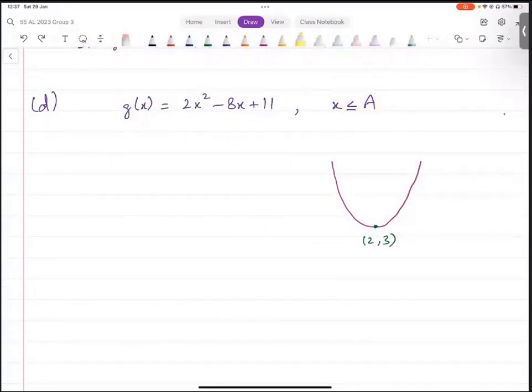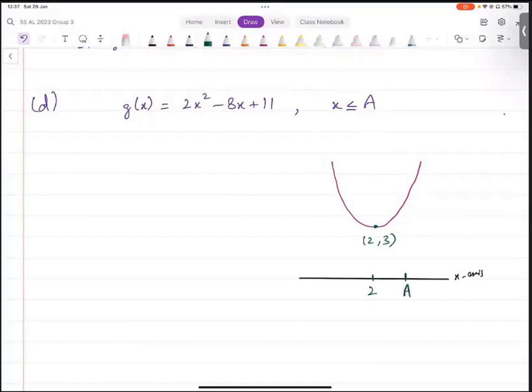Now this is the x-axis. The x-axis is going to be something like this. ये आपका x-axis है. We know that the value here is 2. Now let's say this A was here on the right side.